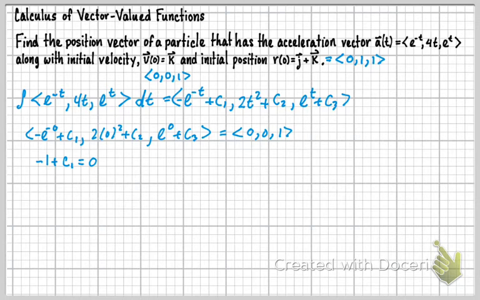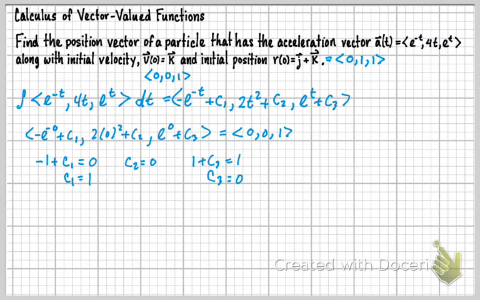In solving this, c1 is going to equal 1. Now the same thing for c2. That's going to be a 0, so c2 equals 0 because it has to equal the other side. And then c3: e to the 0 is 1. So 1 plus c3 equals 1, and when I subtract 1 from both sides, c3 equals 0.